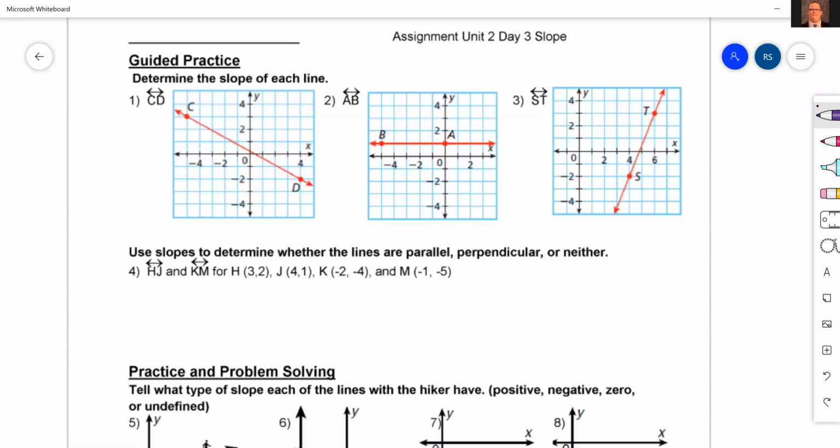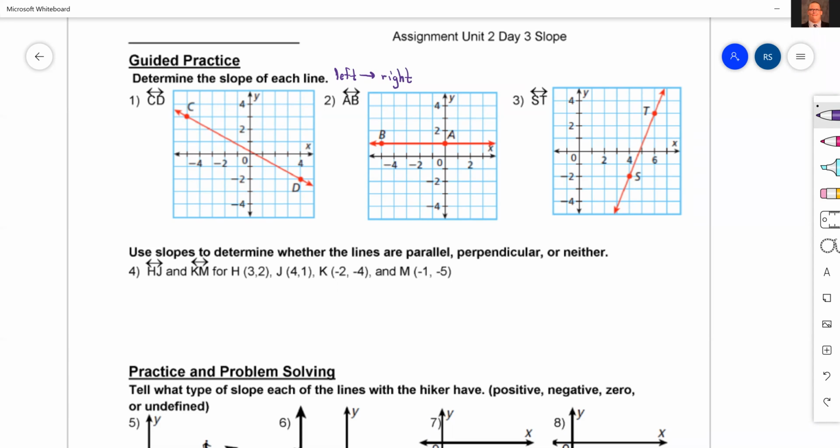Okay, now for the guided practice for Unit 2, Day 3. If you remember, we're talking about slope. For the first three, they just ask you to find the slope of the line. Remember, when we do slope, we always go from left to right.